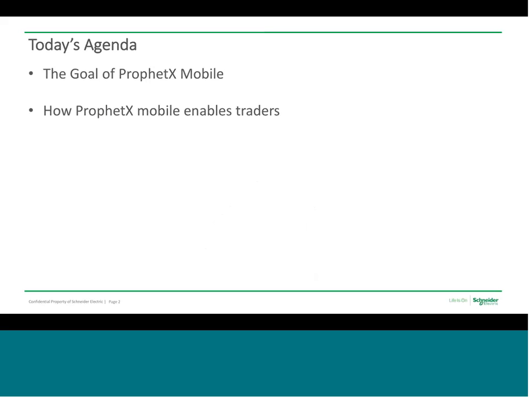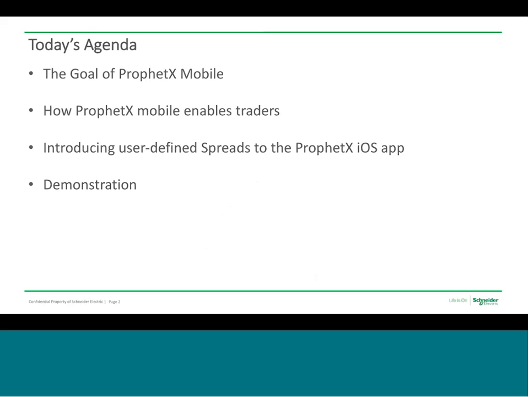I'll also show you some tips and tricks on how to use it. We've introduced, as you may know by now, user-defined spreads. So you're able to enter any type of spreads that you'd like into the app itself, both on the iPhone and on the iPad. And then we'll do a brief demonstration, as I mentioned.